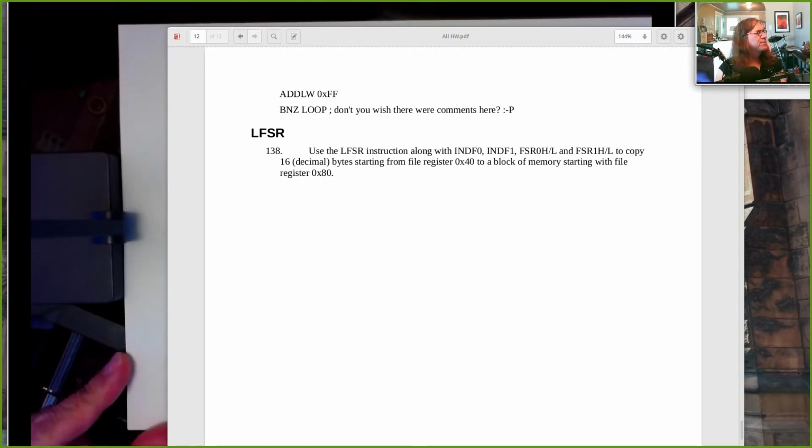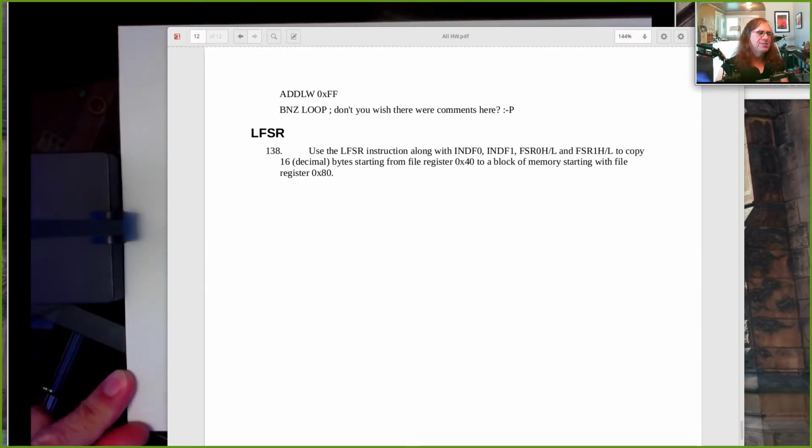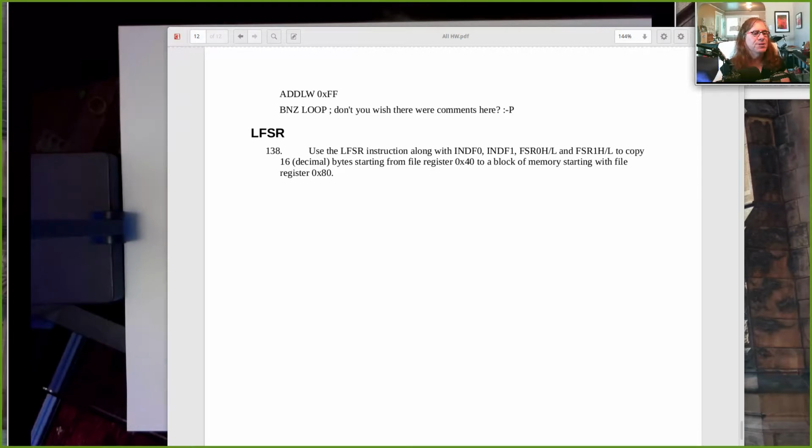MoveFF will work perfectly fine. And that's a really intense instruction, MoveFF postinc 1, postinc 2. So what do we want to do here? Use indirect addressing. We want to copy 16 bytes from 40 to 80.